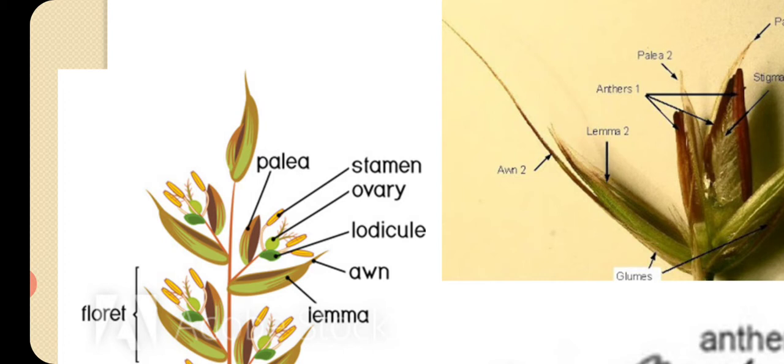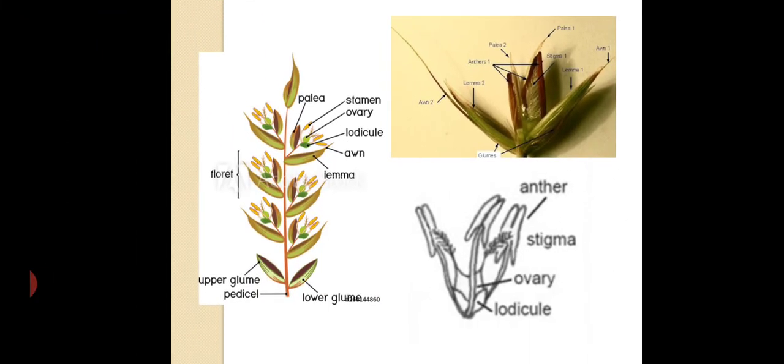Inside we can see this small axis, also called the rachilla, on which bracts or glumes are arranged in two vertical rows. Here in this figure 1, 2, 3, 4, 5, 6 spikelets are arranged on this rachis.